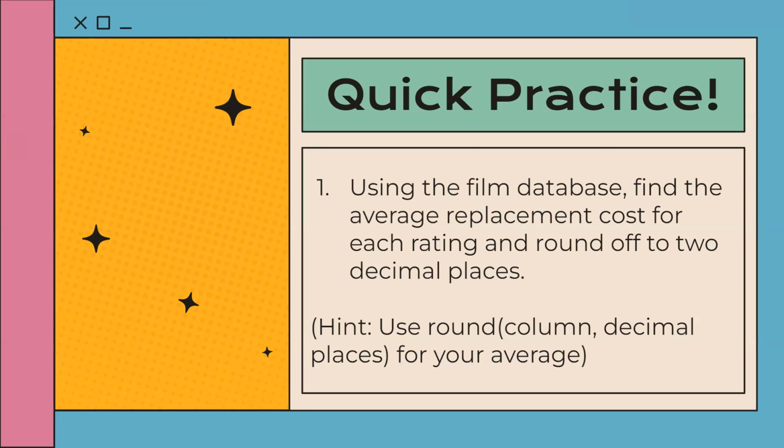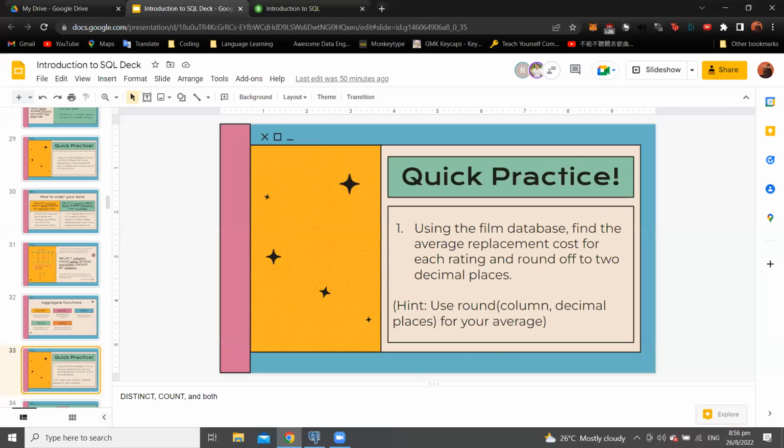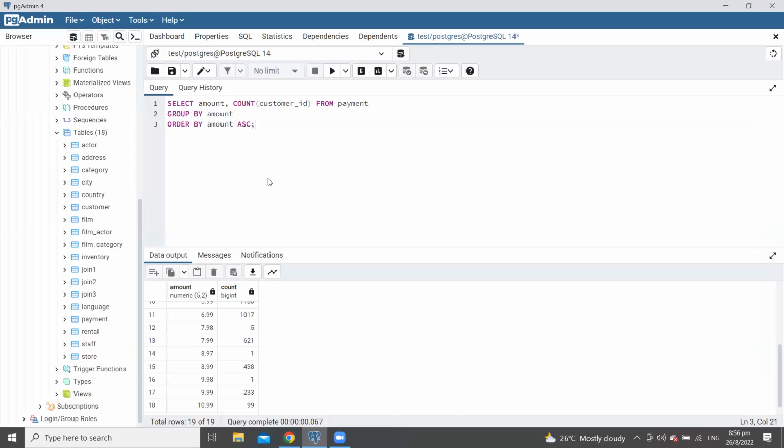All right, so 2 minutes is up and we'll be talking about the quick practice solution itself. So if we were to go to pgAdmin right now, we just clear this. So we want to find the average replacement cost for each rating and round off to 2 decimal places, right?